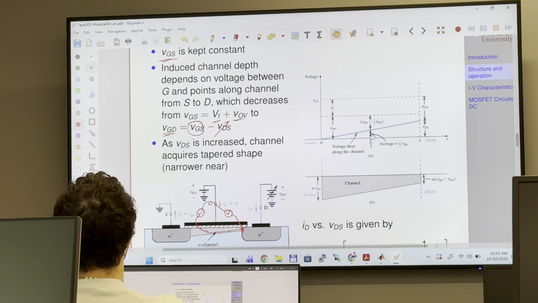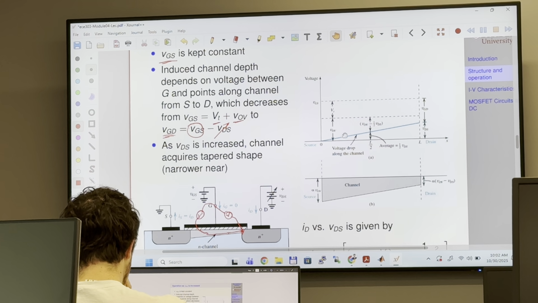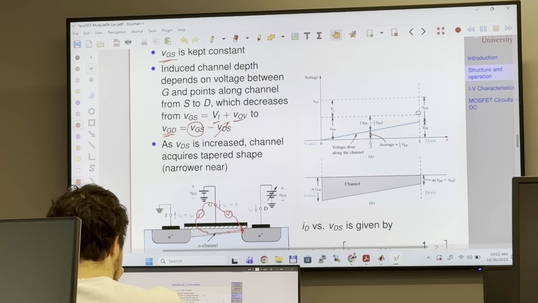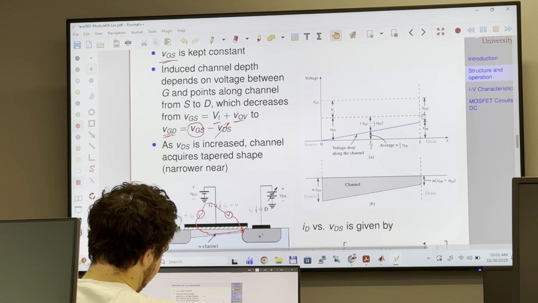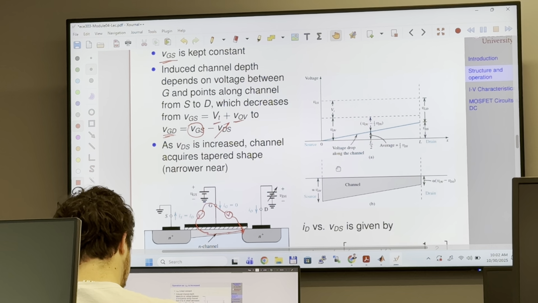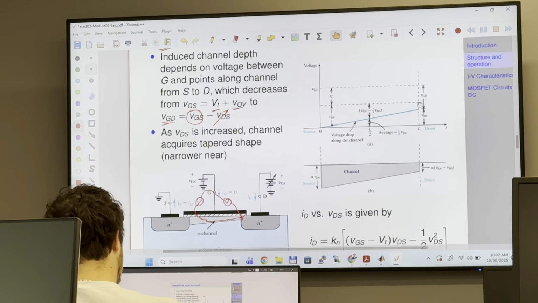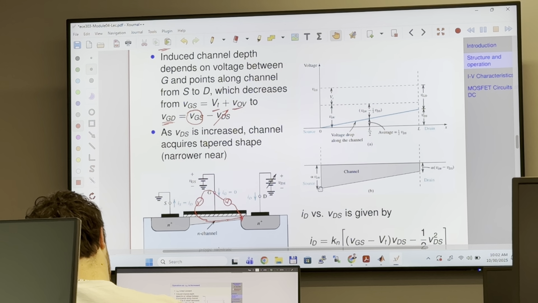Now you see that the voltage that you have here is 0 at the source. Now this voltage is going to keep increasing as you increase VDS, all the way up here, and VGD is basically VGS minus VDS. So now, at some point, you will see this channel.